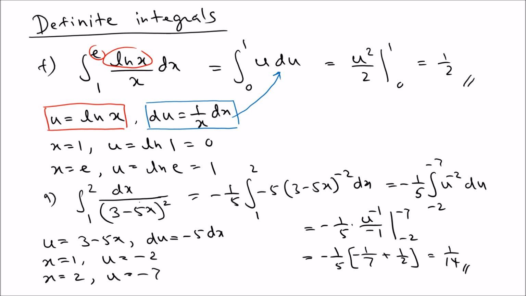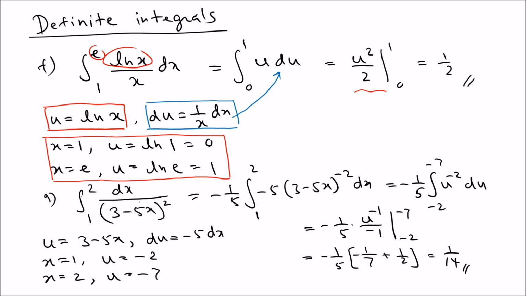So you can see it's not that difficult. The only thing that we need to do is calculate the new limits. This is where we did that. We always need to calculate the new limits. It's always a good idea to finish the integral with the new limits rather than going back. You can go back, substituting u equals ln x and using the old limits, but that's wasting time.